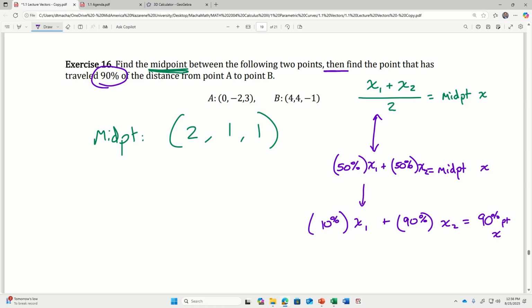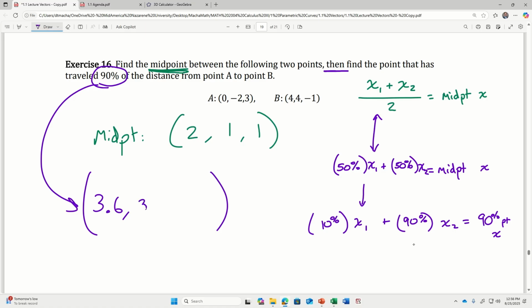And you guys know how percents work. I could type in 0.1 times 0 plus 0.9 times 4 to get my x coordinate for this 90% point. And so my coordinates here are going to start off as 3.6. And then I would need 0.1 times -2, which is negative 0.2, plus 0.9 times 4, which is 3.6.